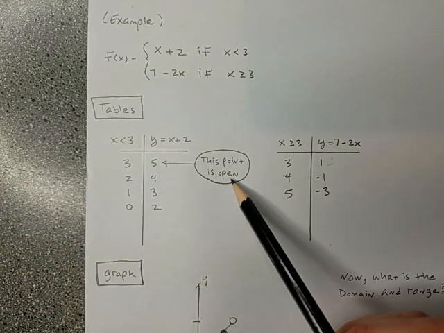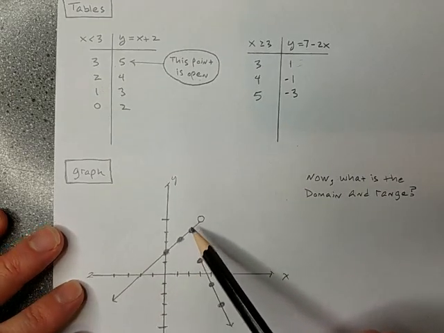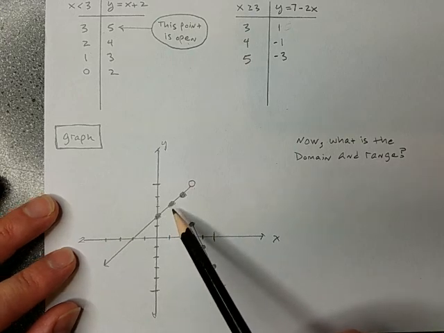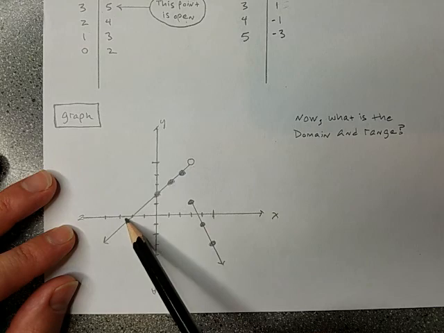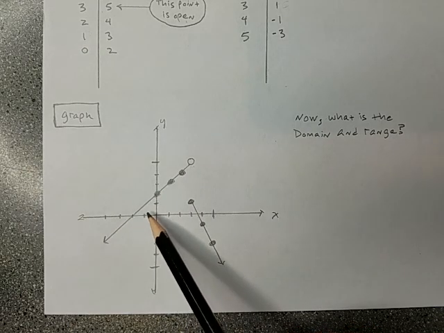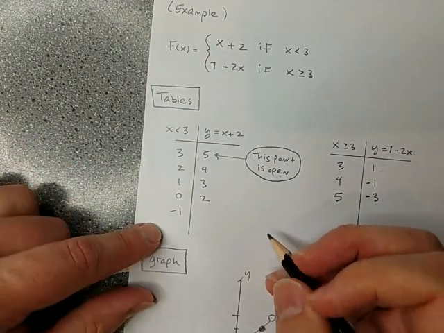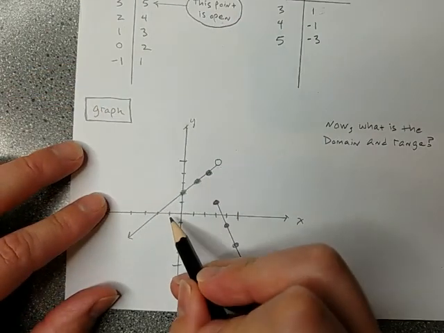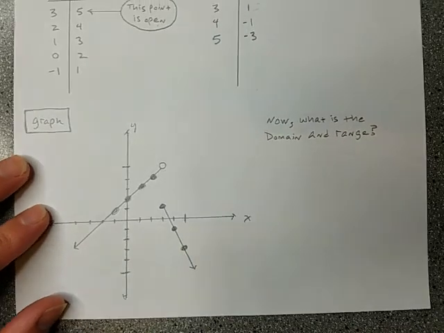It's not really on the graph. 2, 4 right there. 1, 3 right there. 0, 2 right there. Does it continue? Well, it's reasonable to believe. Let's try. So -1 plus 2, that's 1. So you get -1, 1. It's going to keep going, is my point.